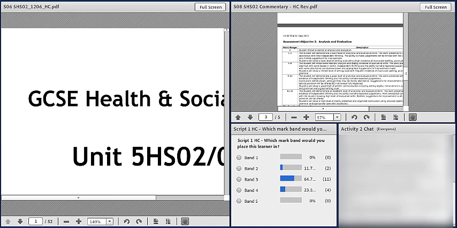I've been monitoring the comments in the activity chat, and some of you have said that some of the suggestions were unrealistic, but some are good. I think, Andrew, you said that, which is true. One of the things I will say is that we don't negatively mark, it's all positively marked.